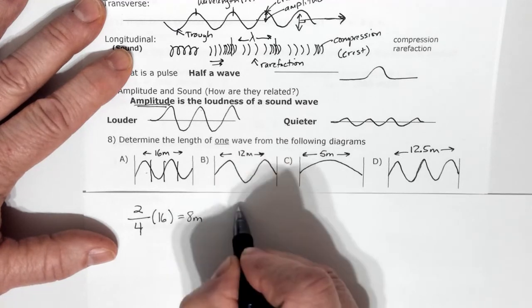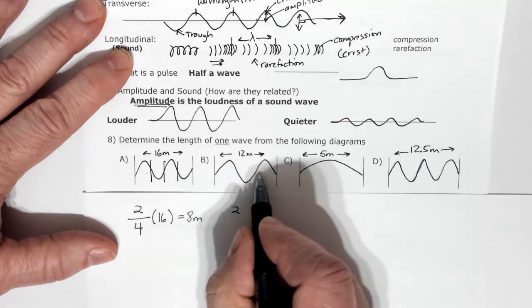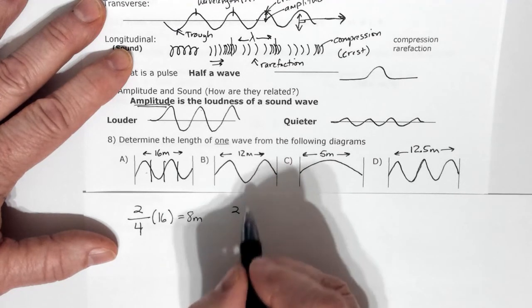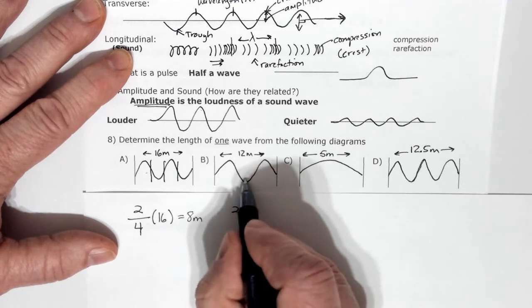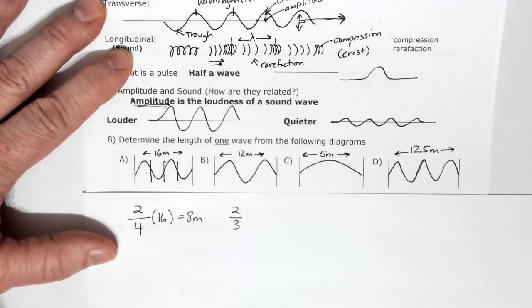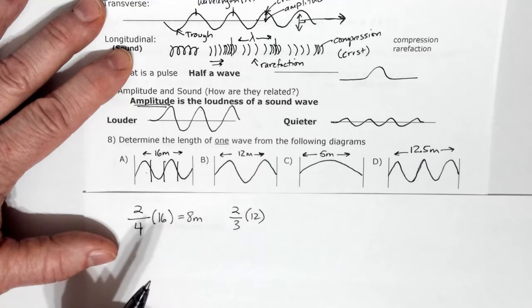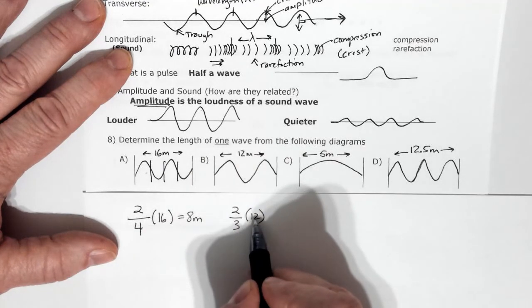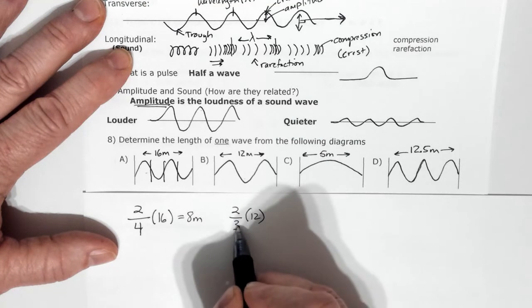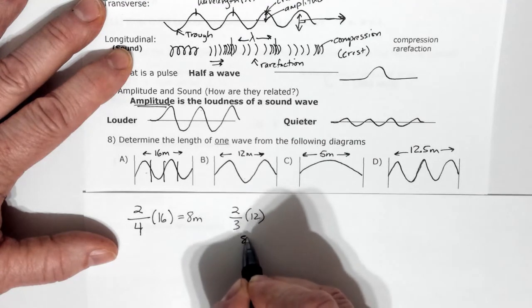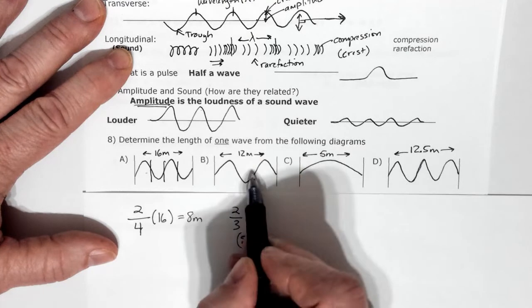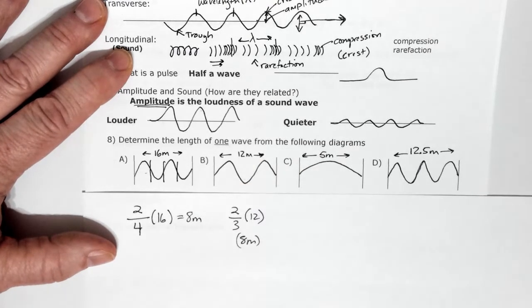So I know 2 of these, a peak and a trough, makes one wave. But I got 3 parts, and then I multiply it by 12, and that will tell me how much one wave is. Okay? So 3 times 12 is 24. 24 divided by 3 is 8 meters. So this picture also shows us an 8-meter wave.